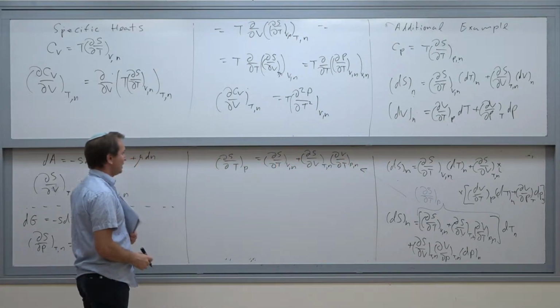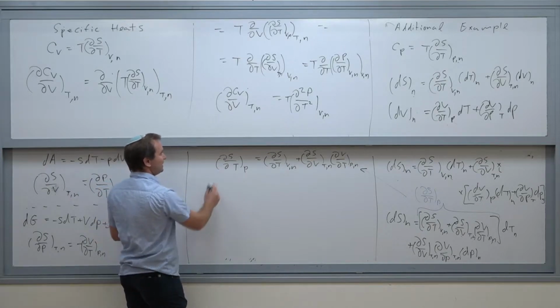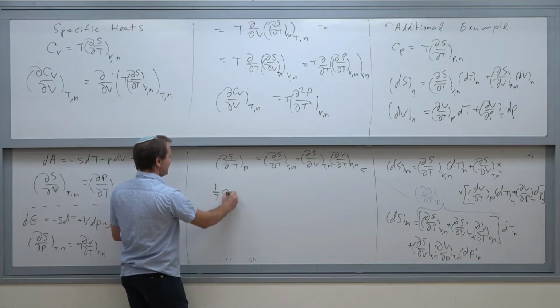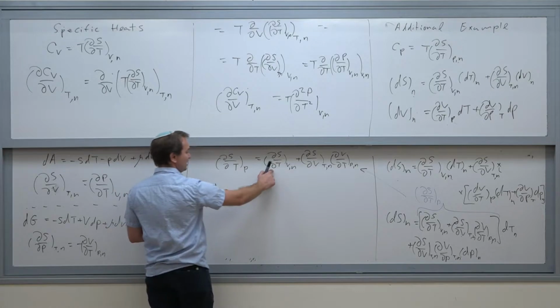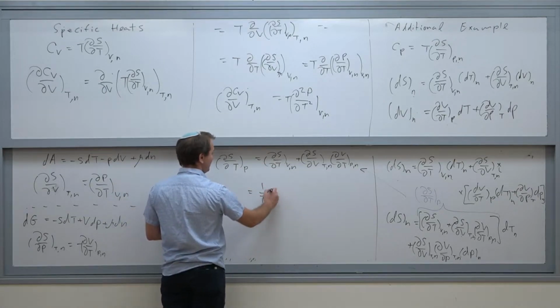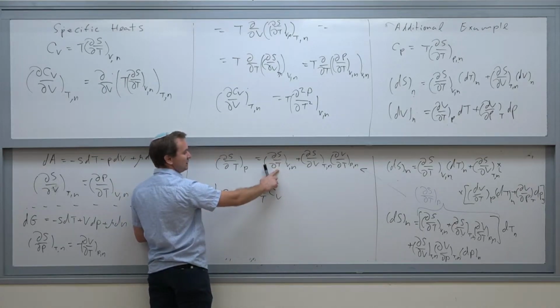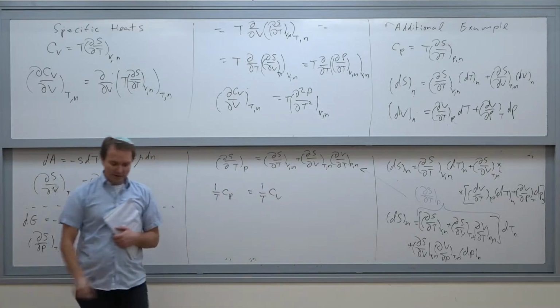Okay. So what is this guy? It's just simply 1 over t cp. What is this guy? It's 1 over t cv, right? ds dt, constant volume. Okay.